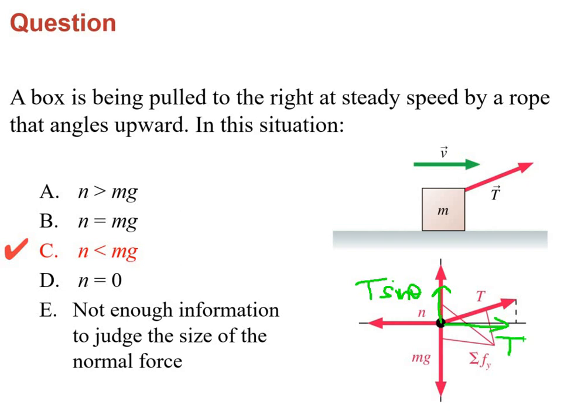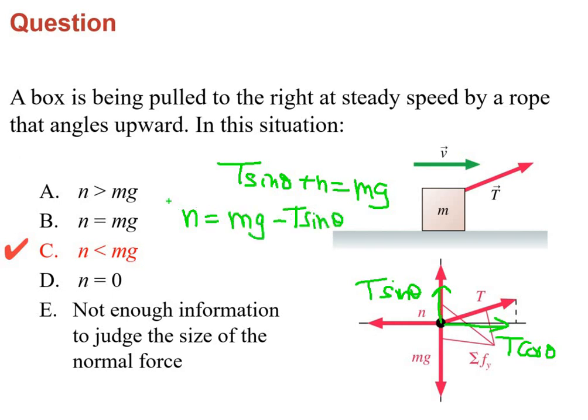If you write the equation in the y direction, there is no motion in the y direction, so the net force is 0: T sine theta plus N minus W equals 0, where W is mg. So the upward forces are equal to the downward forces. The normal force is mg minus T sine theta, and therefore N is less than mg. It's because of that component T sine theta that the normal force is decreased.